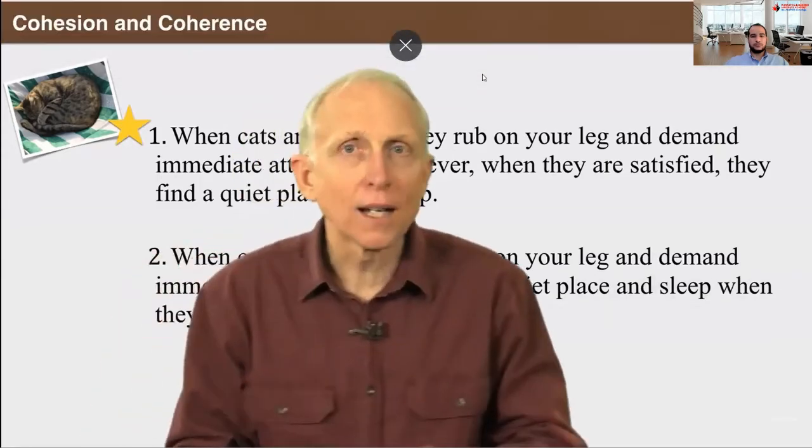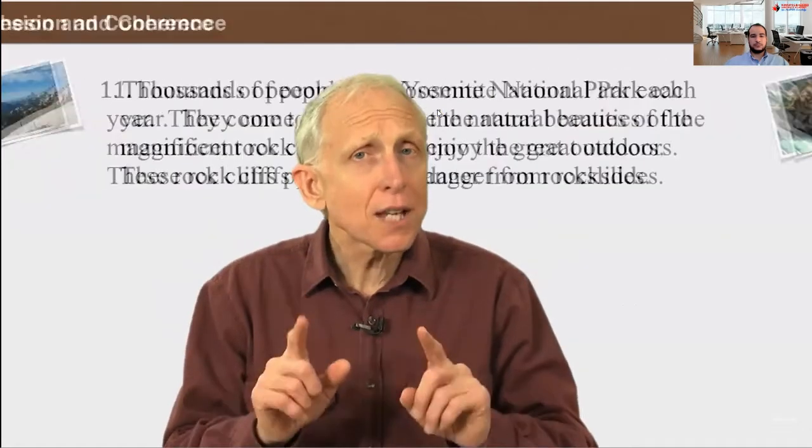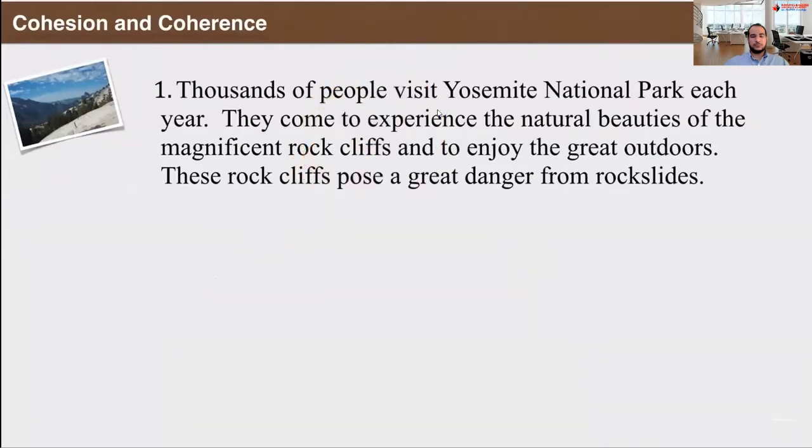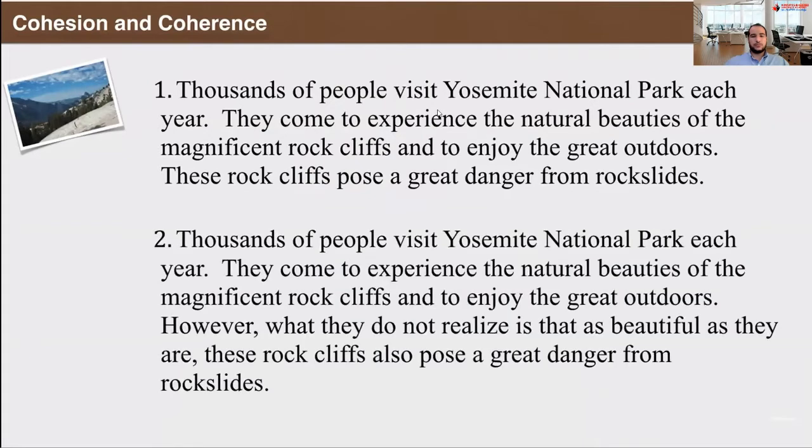Let's look now at another set of passages and ask the same question. Which one is more cohesive? Thousands of people visit Yosemite National Park each year. They come to experience the natural beauties of the magnificent rock cliffs and to enjoy the great outdoors. The rock cliffs pose a great danger from rock slides. Passage number two. Thousands of people visit Yosemite National Park each year.